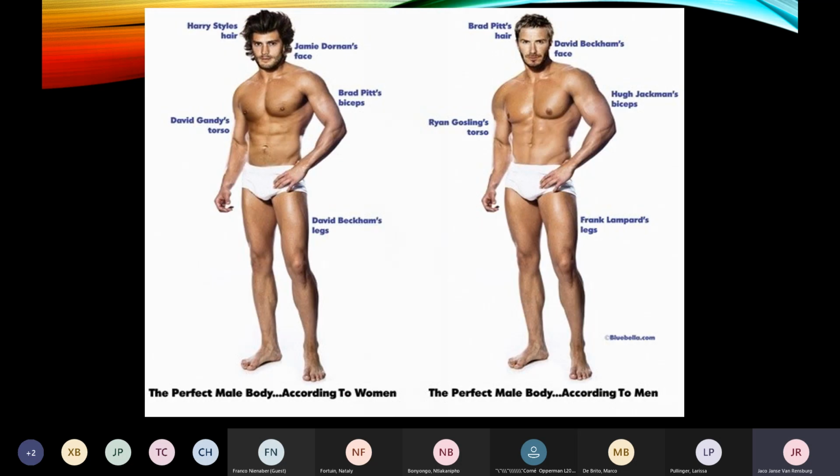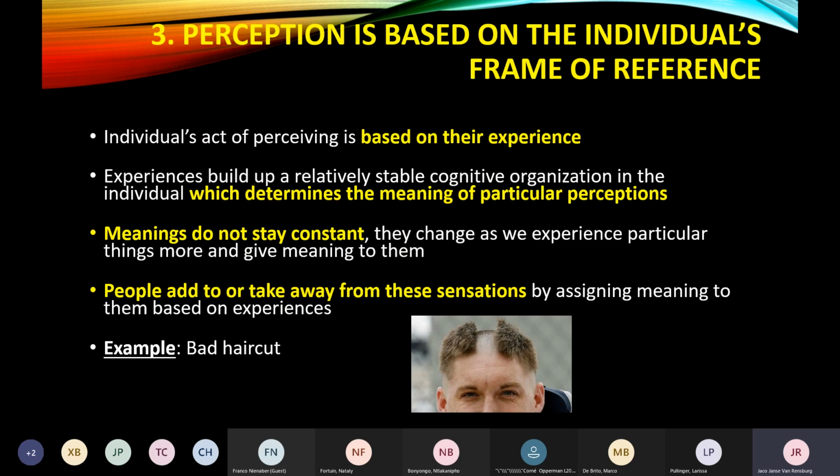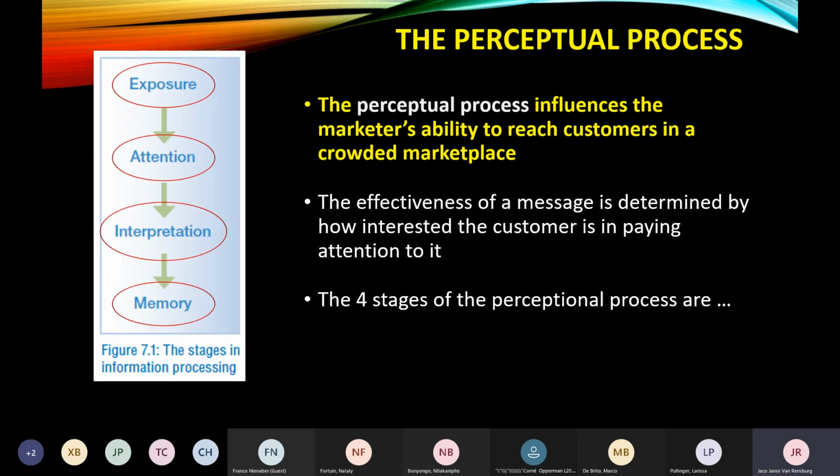But perception is very much based, and I think we concluded that the whole process of perception is based on many things, but it is primarily based on experience, your own personal experience.